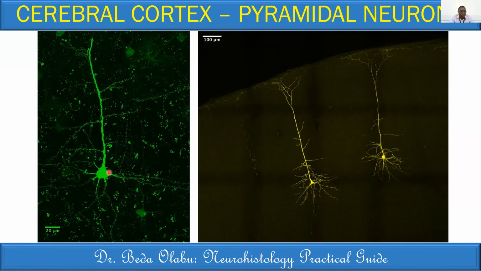It also has basal dendrites and a basal axon. So in this one, perhaps this is the axonal projection. Most of the other basal structures are actually dendritic. Or this other image shows you a long apical dendrite with secondary branches. On the basal side, we still have dendritic branches, but we also have an axon from the base. Remember, the pyramidal neuron is the output neuron of the cerebral cortex.